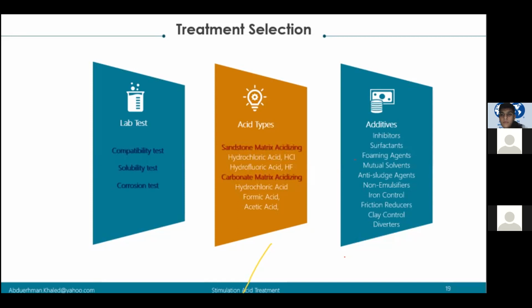The samples are then exposed first to HCl, hydrochloric acid, and second to mud acid, which is an initial HCl treatment followed by HCl-HF. After that, we observe any physical change that occurred in the plug.